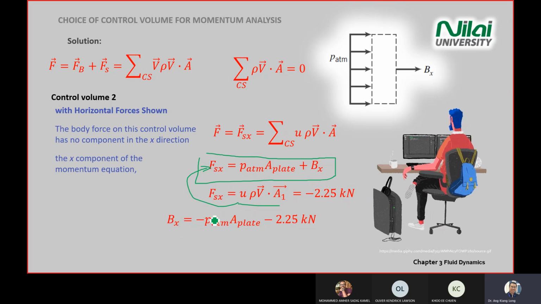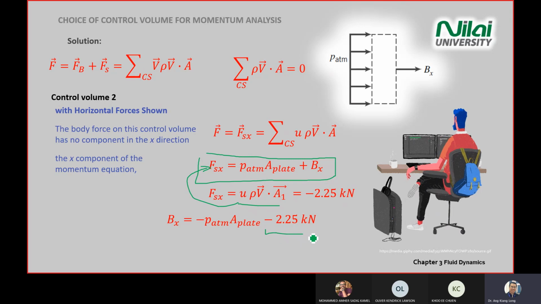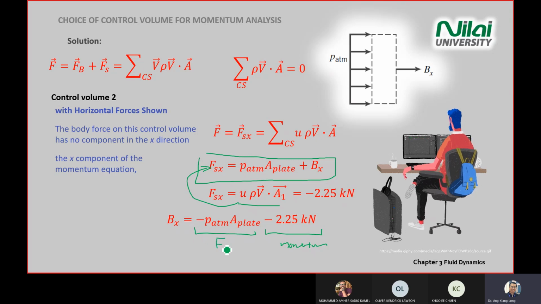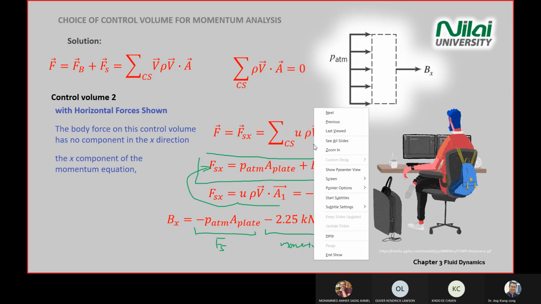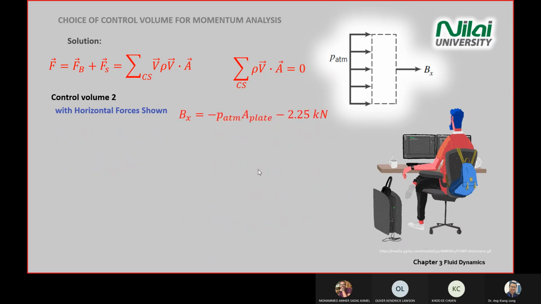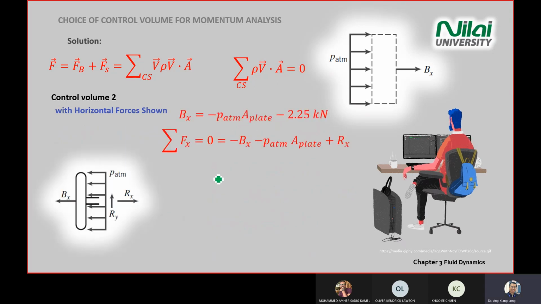So your Bx equals negative pressure times the area of the plate minus 2.25, which is the momentum. This is the momentum. This is the surface force. Then you calculate the answer. The next one, you know what your Bx is.